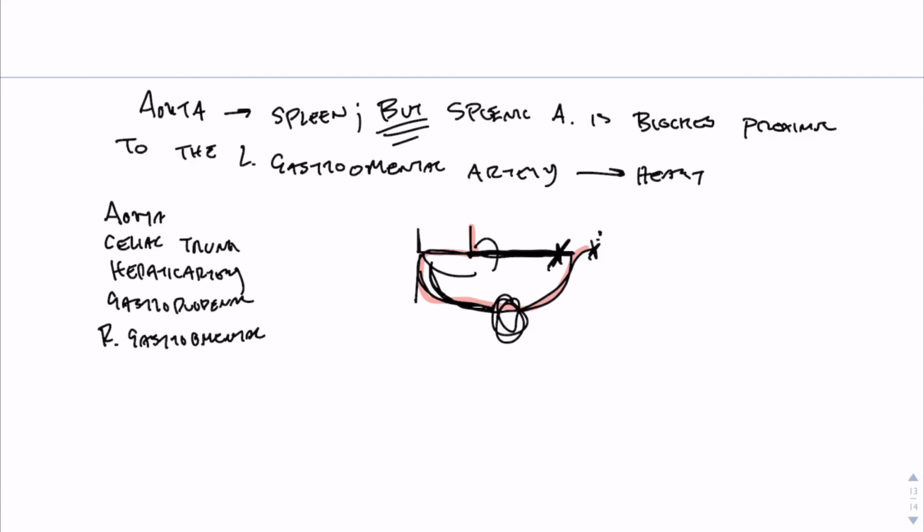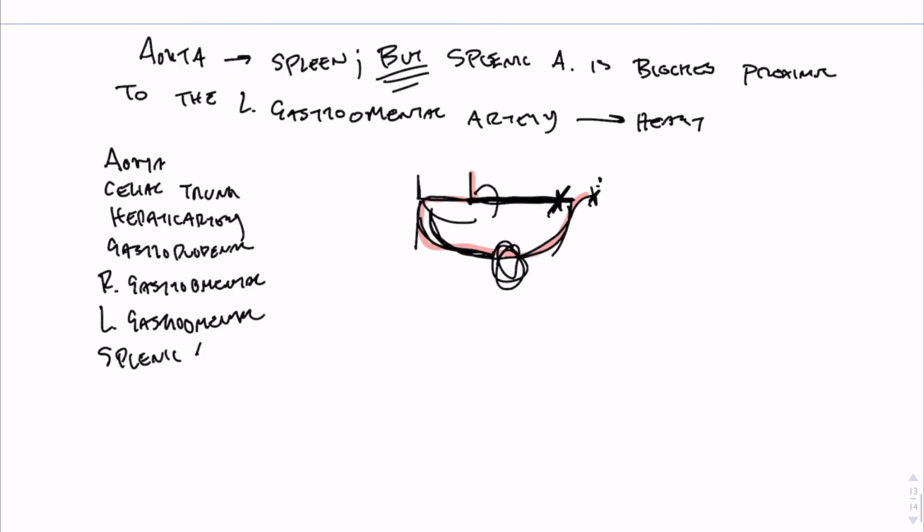That collateral circuits with the left gastro-omental, which goes up into the splenic artery, and we can go into that because the blockage is happening before. And remember, if there's a blockage, there's no pressure, so the blood's just going to push into the artery that's not receiving blood. So we're in that splenic artery, and then we would be at the spleen.